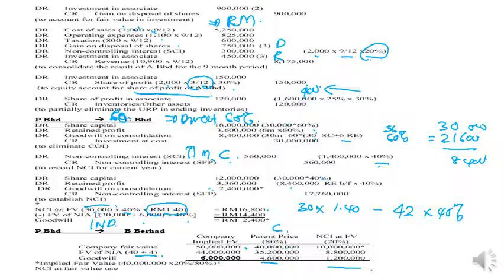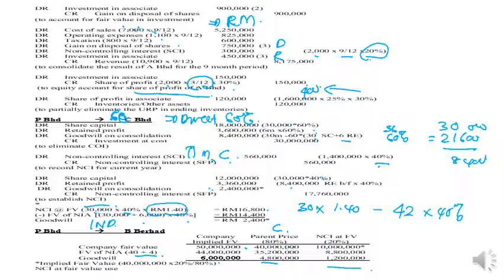You have 30 from share capital, this is your net identifiable assets. Net identifiable assets: 30 from share capital and 6 from the RE. So altogether you have 36, and then times 60%. So you're going to have 21.6.